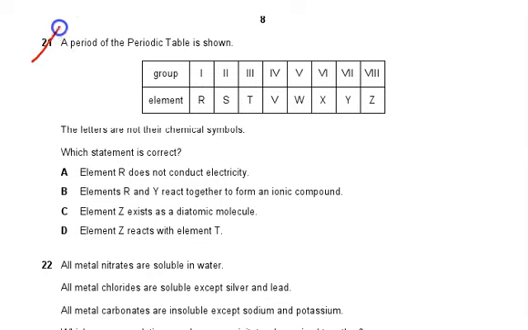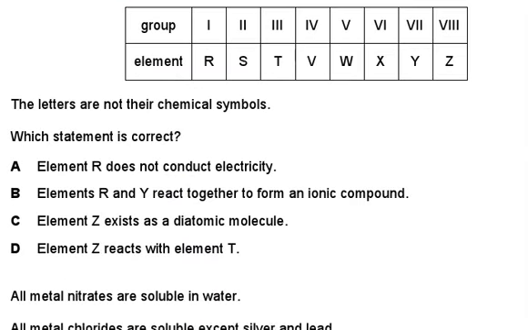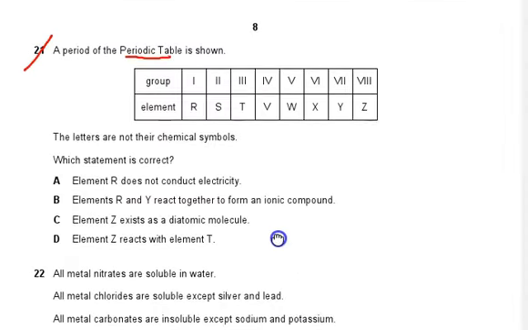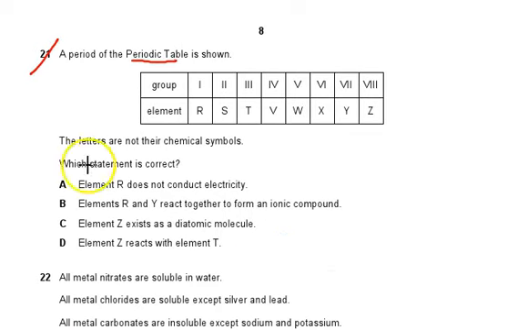Okay, for number 21, a periodic table is shown. This is group 1, 2, 3, 4, 5, 6, 7, 8, and these are the elements that we have. The letters are not their chemical symbols. Which statement is correct?